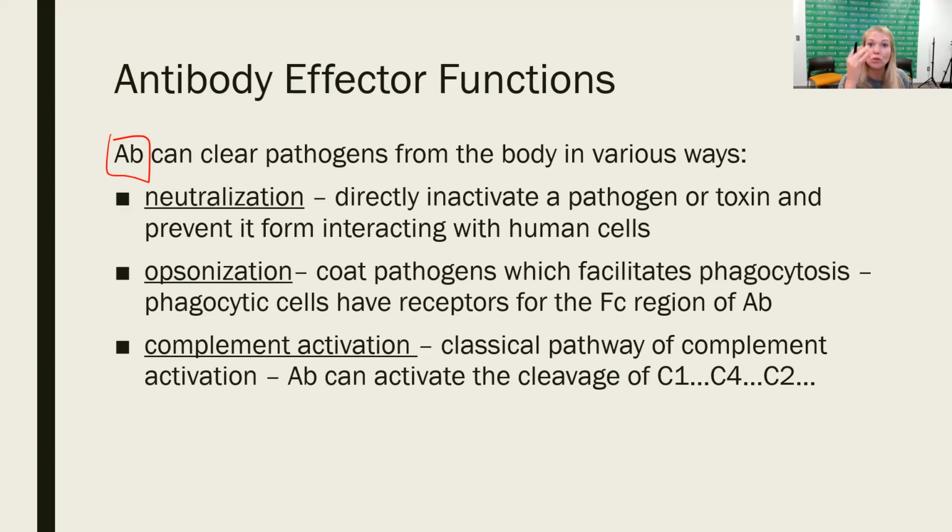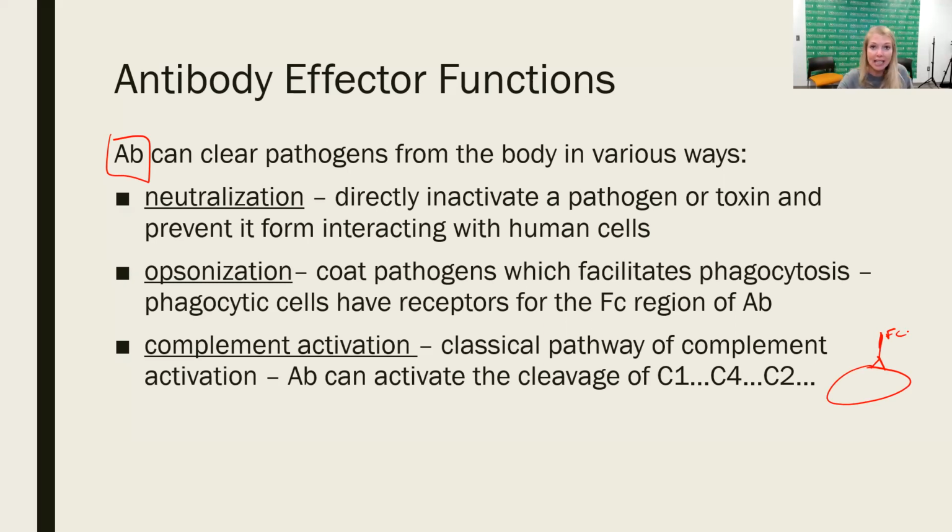And those Fc portions, because if you think about a bacteria cell with antibody attached, what piece sticks out and is out into the open? The Fc portion. And so the phagocytes will recognize Fc portions of antibodies, and that will be the ligand for their receptor and cause phagocytosis to occur.